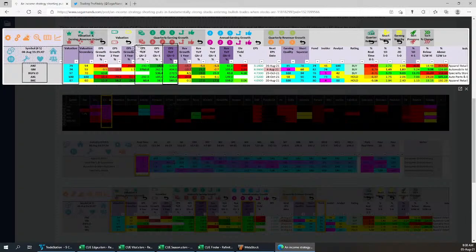High earnings growth. Last quarter also had very high revenue growth, and all of these stocks are under accumulation by funds. So fundamentally they were strong.